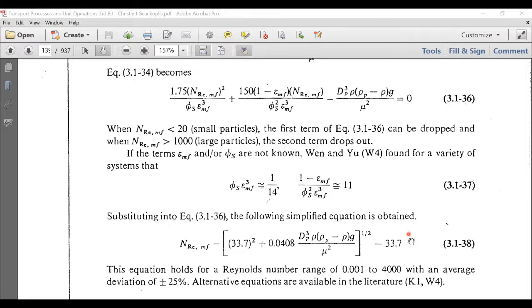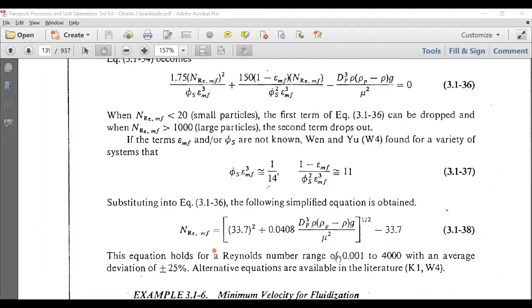Okay, and after some rearrangement, then I can get these equations. Now, this equation of NReMF holds only for a Reynolds number range of 0.001 to 4000. If it's less than 0.001 or higher than 4000, we cannot use this equation.